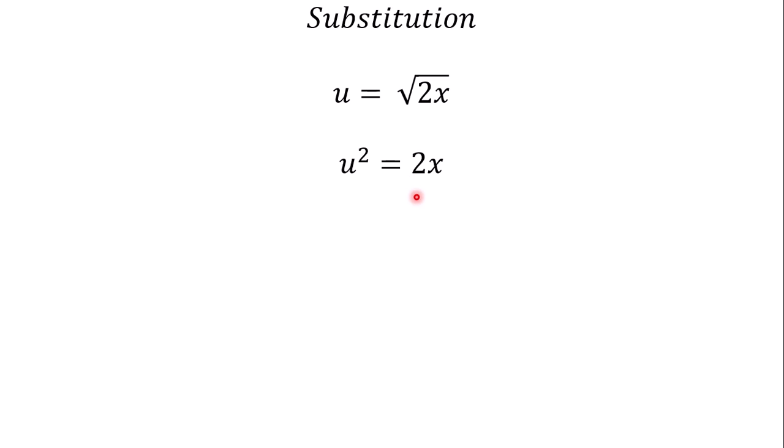We are going to differentiate this equation. When we differentiate this, we are going to get 2u du. When we differentiate this, we are going to get 2 dx.